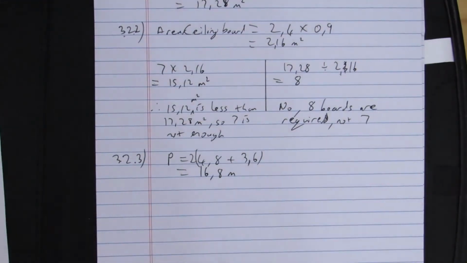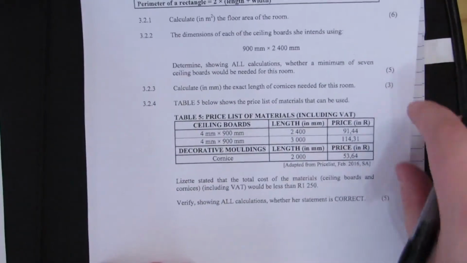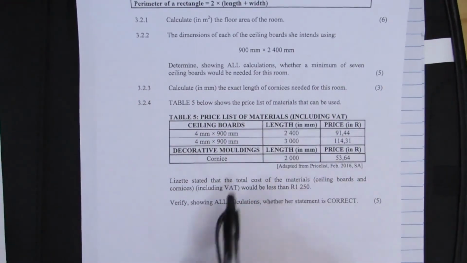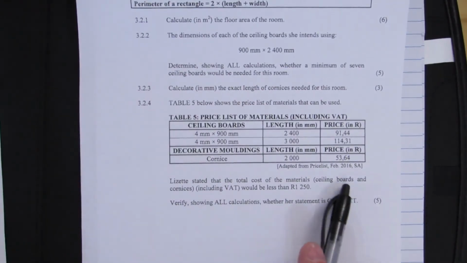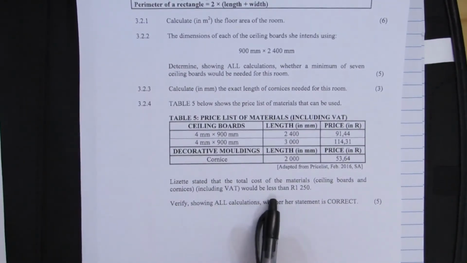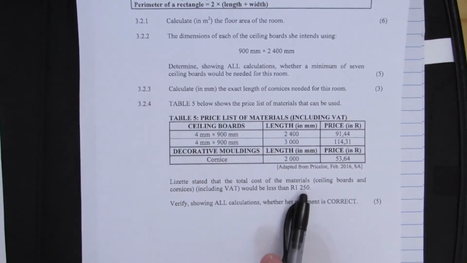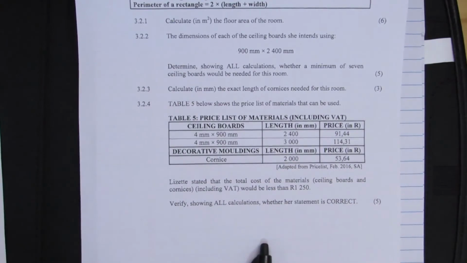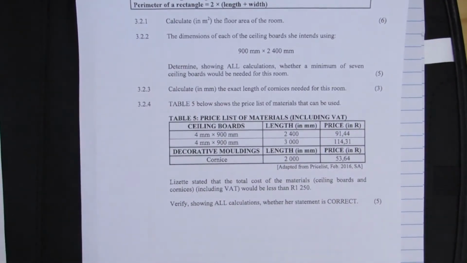And the final part of my question then asks me, table 5 below shows the list price of the materials that are being used. She states that the cost of the materials, seating boards and cornices including the VAT will be less than 1,250 Rand. Okay, these prices include VAT, so we don't have to do any weird calculations there for VAT. Verify, showing all calculations whether her statement is correct.